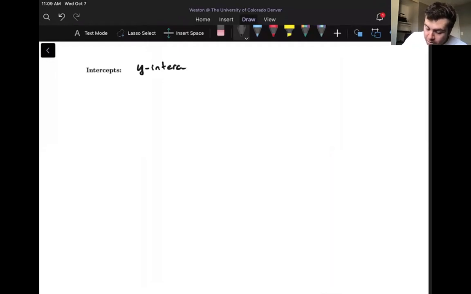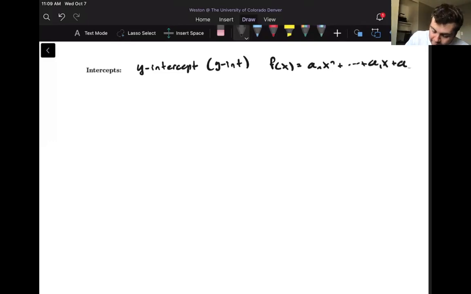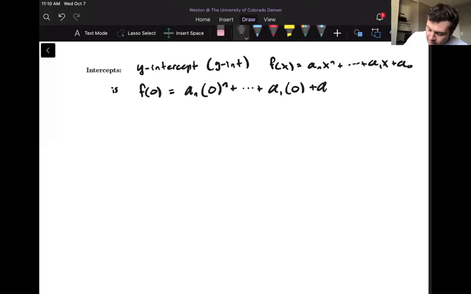The y-intercept, we'll usually just refer to it as the y-int, of a polynomial f of x equals a_n x to the n, ..., plus a_1 x plus a_0, is f of 0, which equals a_n times 0 to the n plus ... plus a_1 times 0 plus a_0.